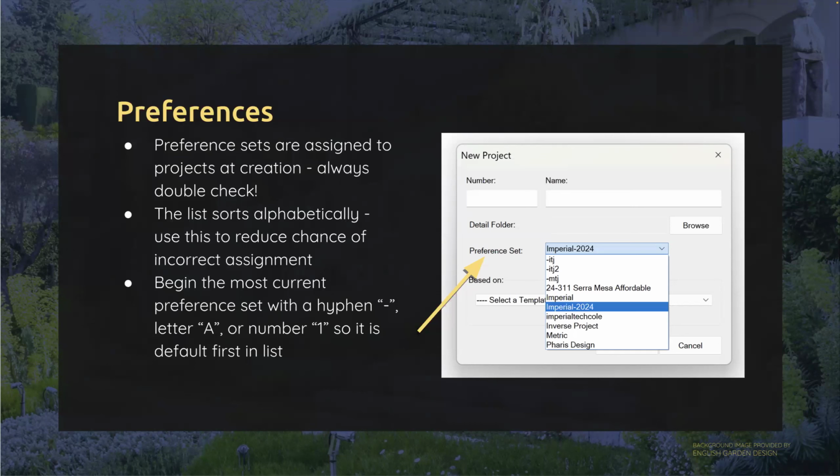So it's really important just to ensure that the correct preference set is being chosen as the project is being created. Now, there are some easy hacks to ensure that happens. The list sorts itself alphabetically. So take advantage of that by setting the most current and default preference set to begin with either a hyphen, the letter A, or the number 1, and this just increases the likelihood that the correct preference set is chosen.